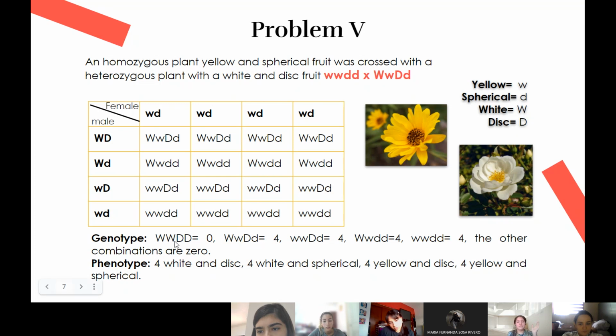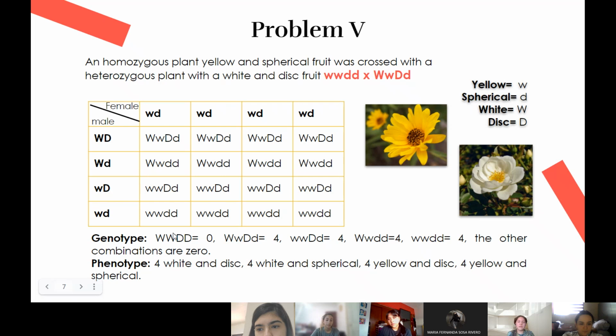For example, uppercase WWDD was 0, and the genotype with uppercase W, lowercase w, uppercase D, and lowercase D was 4, and another type was 4 also, and the last type, where all the letters were lowercase, was also 4, and the other combinations were 0.